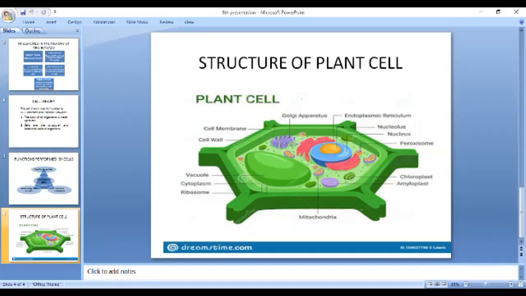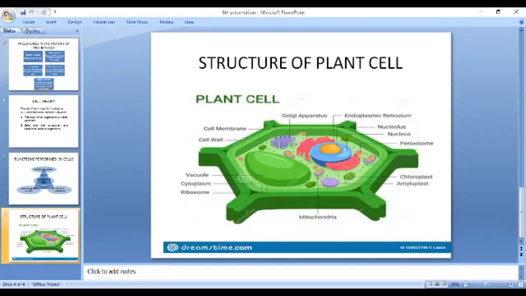And the scientist Robert Brown found the center of these little chambers and called it a nucleus. And the next scientist, M.J. Schleiden, found out that the body of a plant is made up of cells. Then comes Theodor Schwann.